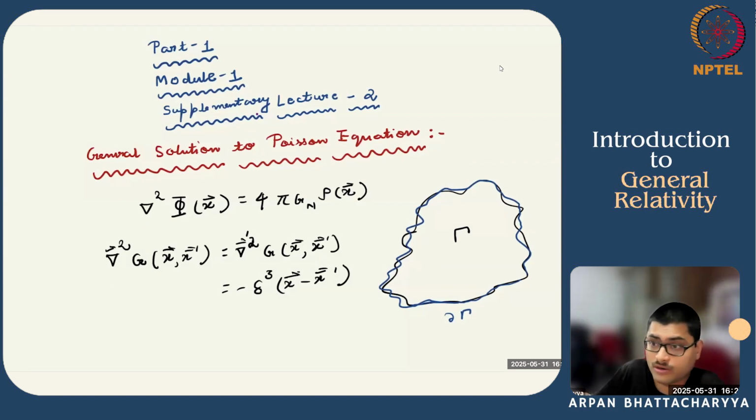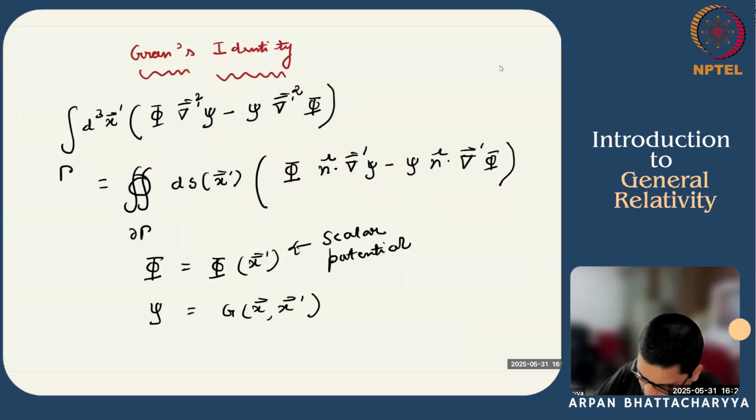The common one is the Coulomb's Green's function. Please try to solve it by yourself. But we are just doing a schematic analysis, so we just consider some G which satisfies this Green's equation. We choose one of the functions inside the Green's identity, phi, as the scalar potential that we intend to solve for, and the other function psi as the Green's function. And now we put this inside the Green's identity. Let's see what happens.